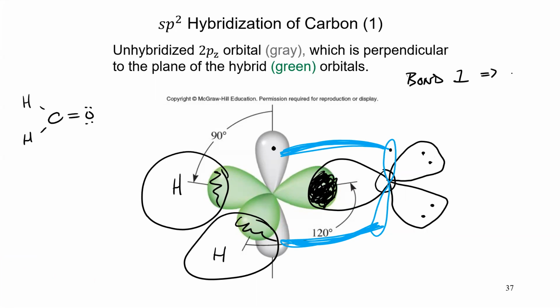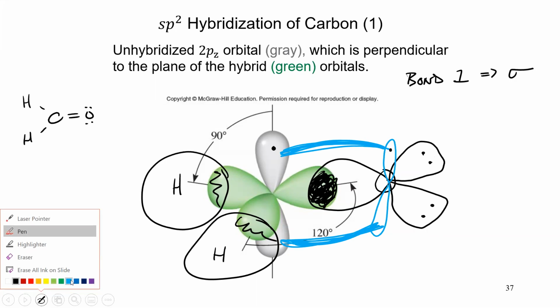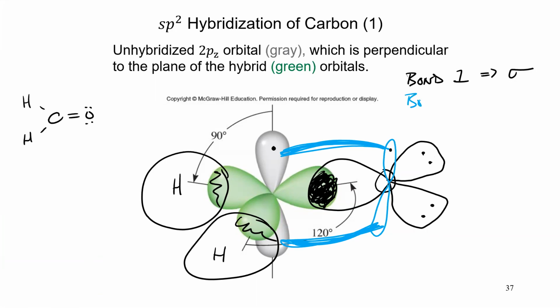Well, I'll come back to this in a minute, but we call that a sigma bond. And bond 2 is in blue. Right? And so, yes, that's 2 different places where those orbitals overlap, but those 2 different places are still just that one orbital, that p orbital on both atoms that overlaps.